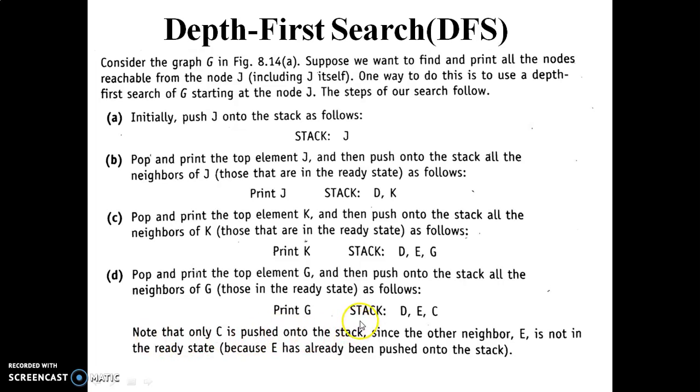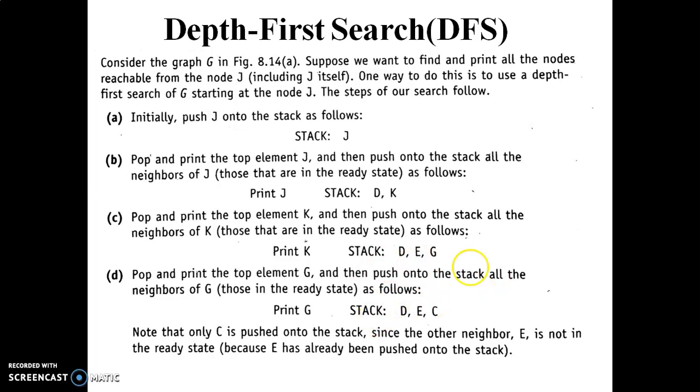Now in this step, note that only C is pushed onto the stack, since the other neighbor E is not in the ready state, because E has already been pushed onto the stack; we considered E in the previous step. In a simple way, you can say that E is already visited.